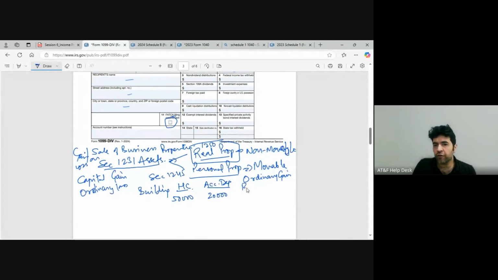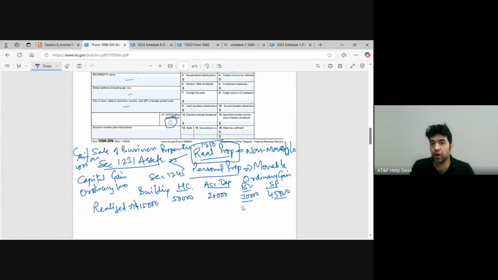So your book value will be $30,000, and let's say you sold this for maybe $45,000. So your realized gain over here is $15,000, right? 45 minus 30. So 15,000 is your realized gain.